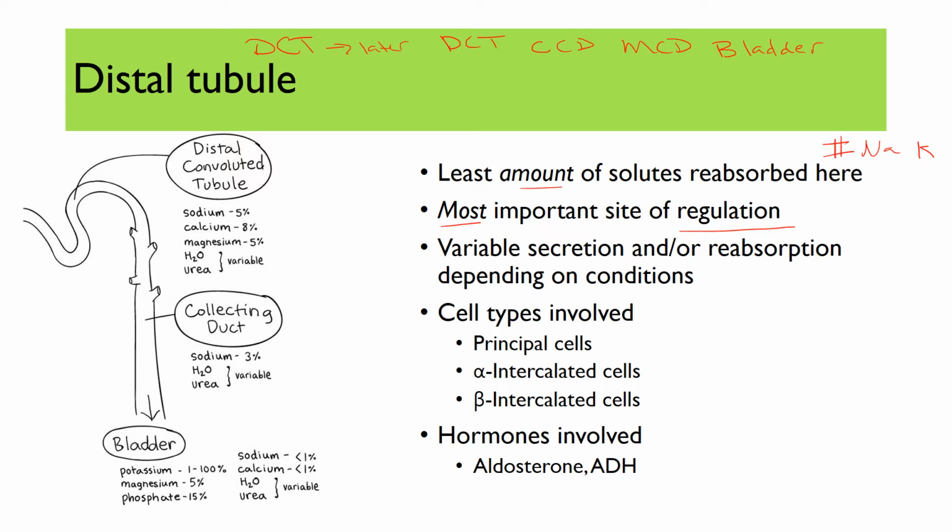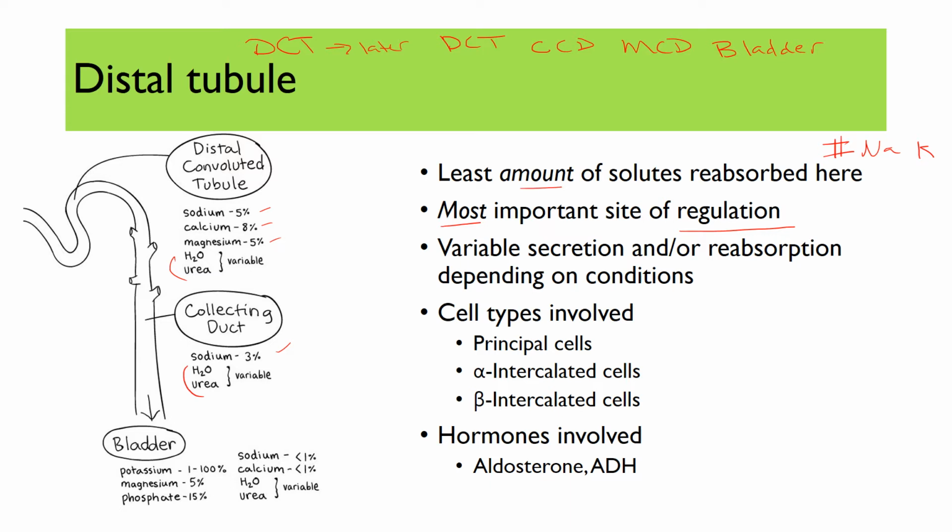So our percentages are over here on the left: sodium, calcium, magnesium. The least amount, that's why there's only 5% or so, are reabsorbed here. Sodium as well. And then when it comes to water and urea, those can either be reabsorbed in variable rates or variable amounts.